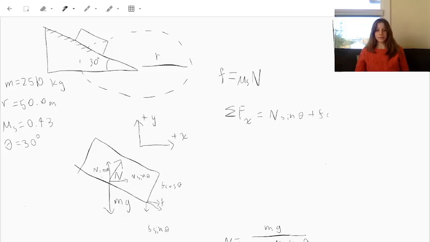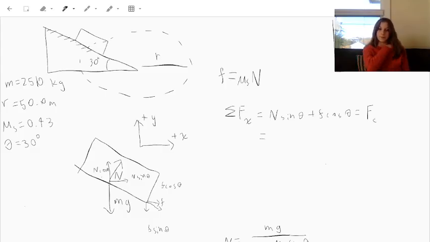F cosine theta. And then we remember that f is equal to mu s n. And remember this is equal to the centripetal force.